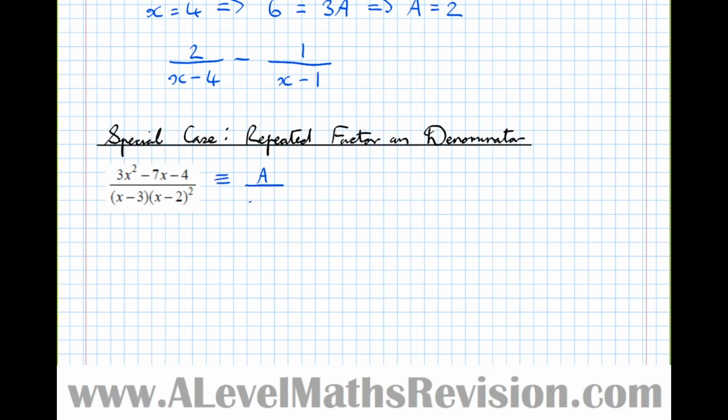A over x minus 3, all good, plus b over x minus 2, all good, plus c over x minus 2 squared. When there's a repeated factor on the bottom, x minus 2 squared, both the linear and the quadratic have to go there. So you have to put both the x minus 2 and the x minus 2 squared. So I'll just write that down.